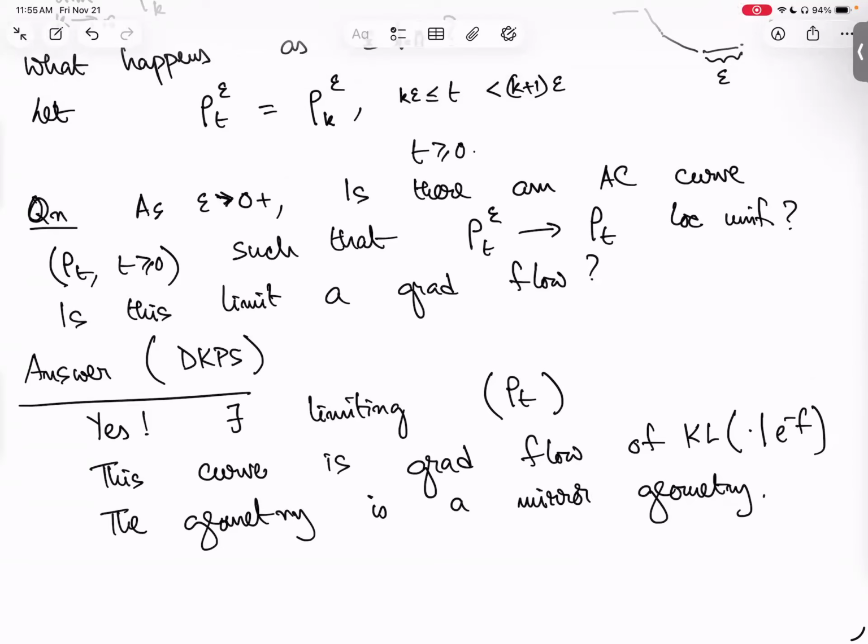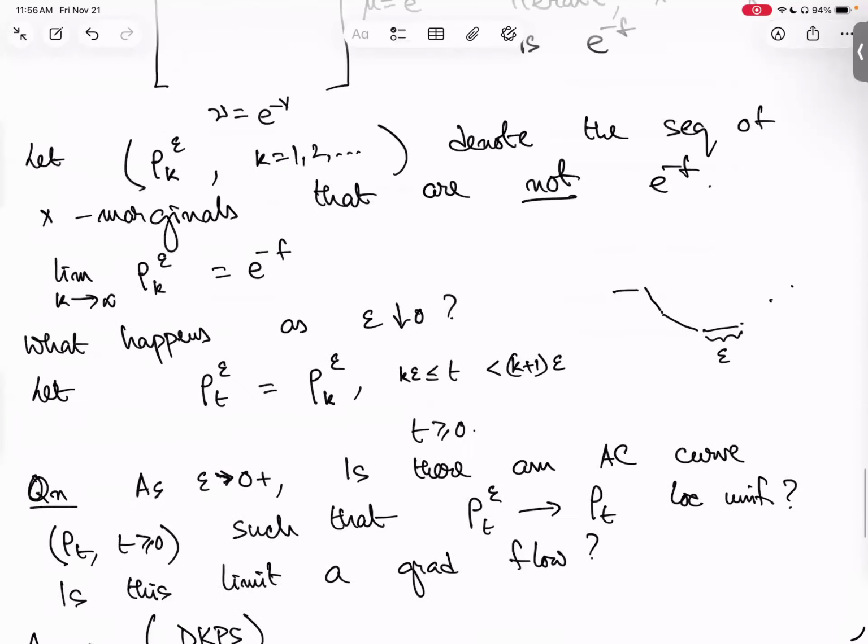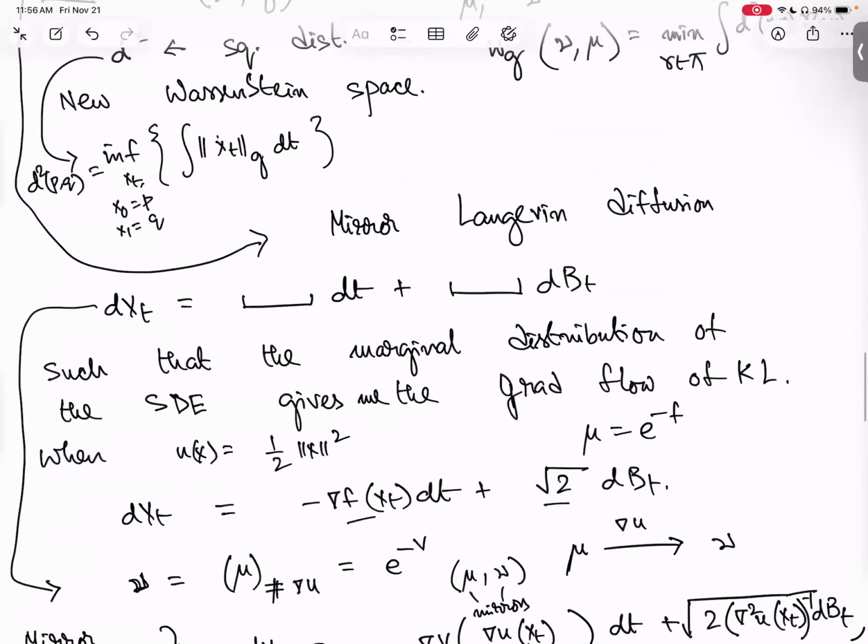That curve is a gradient flow of Kullback-Leibler with respect to e to the power minus f. This is the one marginal of Sinkhorn that I'm converging to. But the underlying geometry is not the regular Euclidean geometry. In that case, I know this would be given by the Fokker-Planck equation. It is not the Fokker-Planck equation. It's something entirely different, and the geometry is a mirror geometry. So let me go back to what the mirror geometry was. Let me recap this thing here.